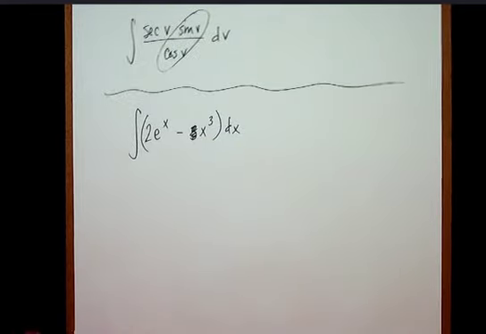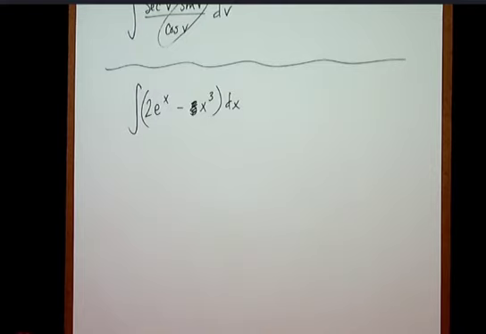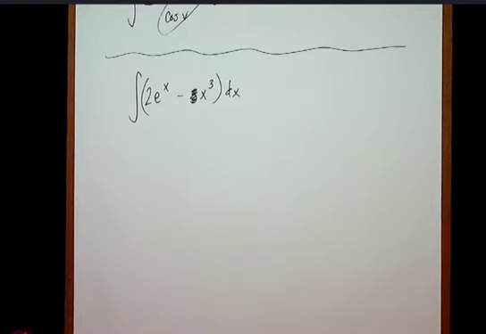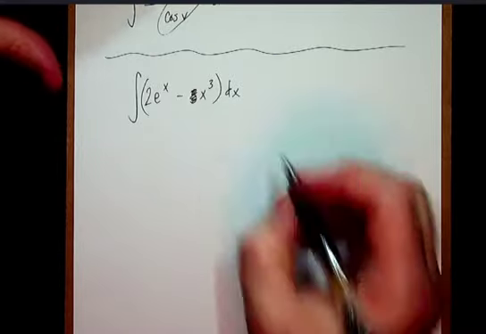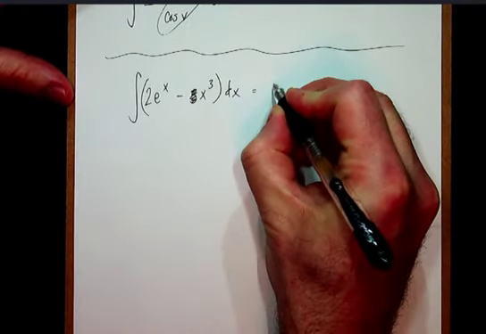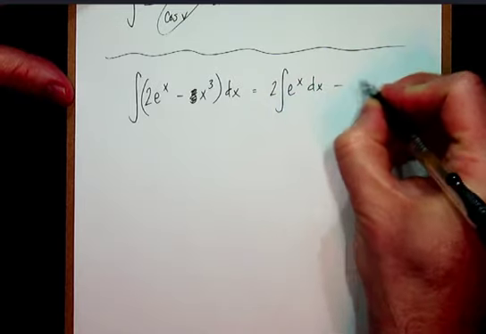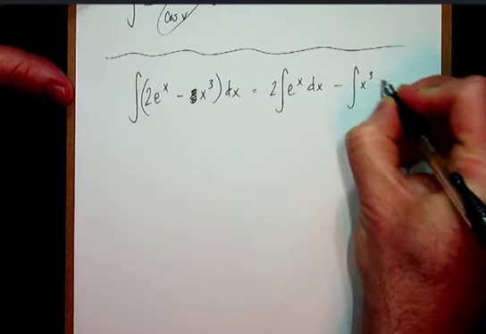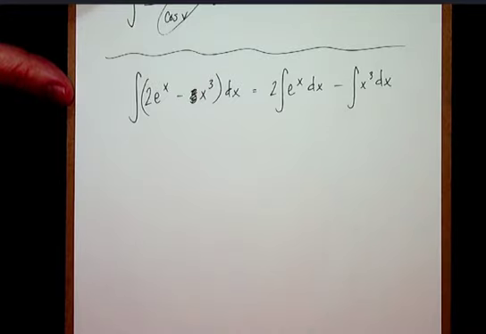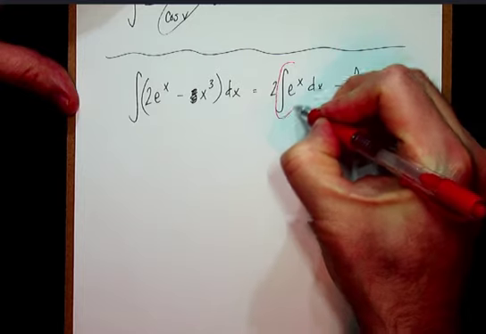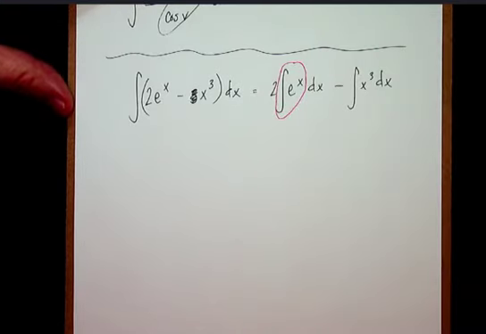Now, sometimes with exponentials, y'all get a little bit garbled. Maybe it's because y'all just haven't worked with them enough to really be comfortable with them, and that's fine. That's understandable. And if that's the case, then what you need to do is pull it apart into its constituent parts so that when it comes time to integrate that exponential, you can just concentrate on that portion of it, right?